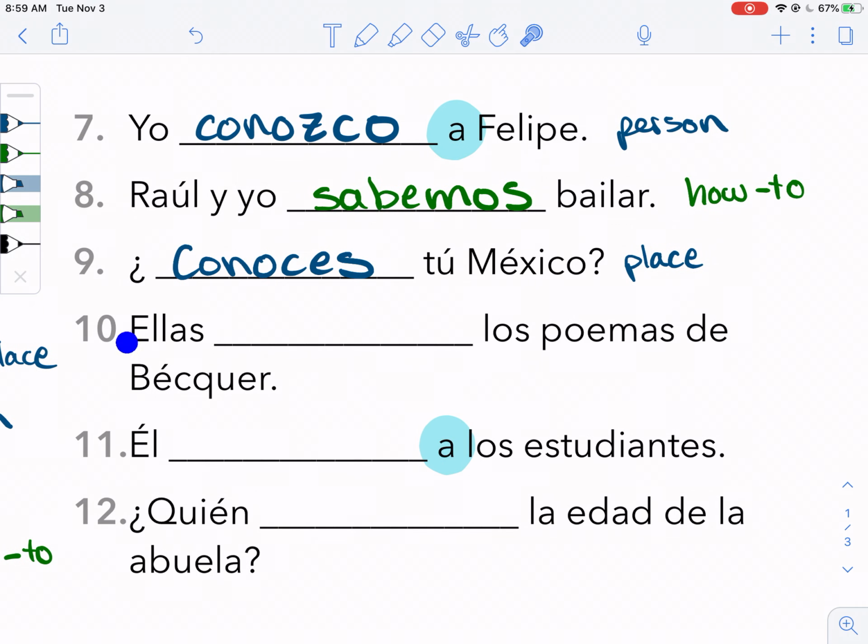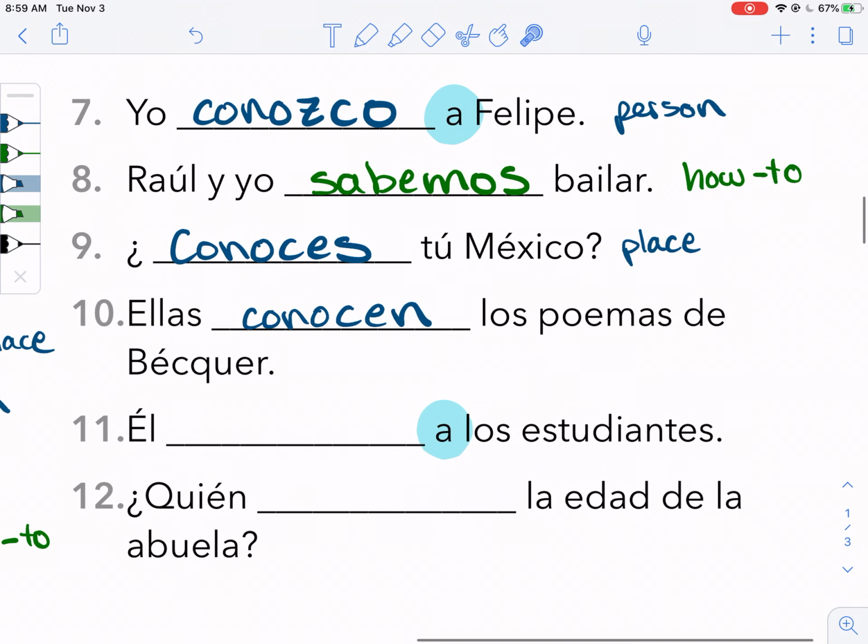Número 10. Ellas conocen los poemas de Bécquer. Poemas is poems, so that's like a work of literature. They're familiar with his poems. Número 11. Él conoce a los estudiantes. He knows the students. They are people.